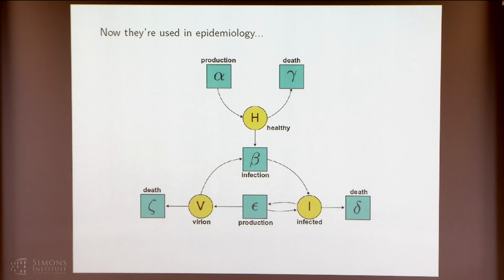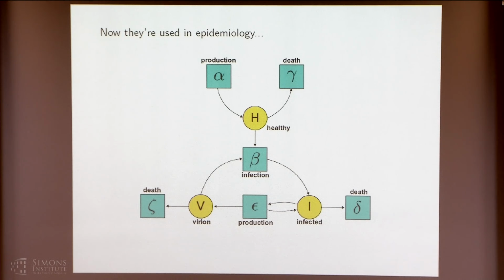So I was at a talk on AIDS, and they used this model of the infection of white blood cells by virus particles. An individual virus is called a virion. So you could have a virion meeting a healthy white blood cell, infecting it by means of this transition beta, and then out pops an infected white blood cell, which may emit more virus particles, or it may die, and so on.